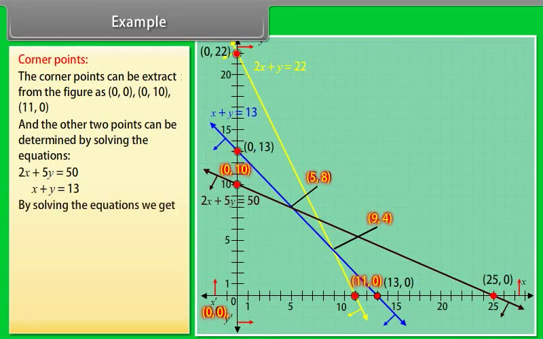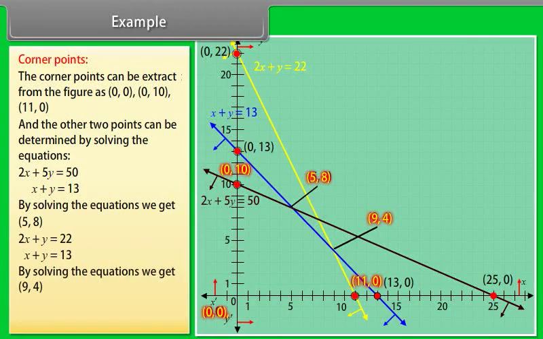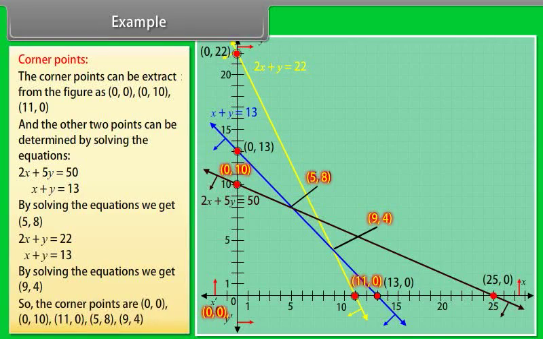By solving the equations, we get 5, 8. 2x plus y is equal to 22 and x plus y is equal to 13. By solving the equations, we get 9, 4. So, the corner points are 0, 0, 0, 10, 11, 0, 5, 8, 9, 4.